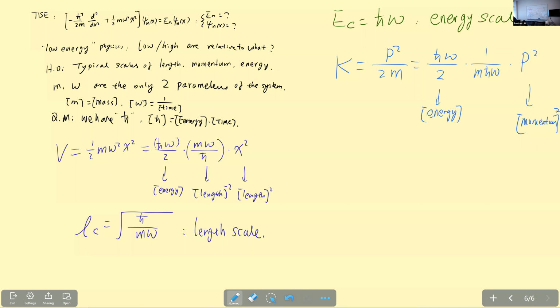This leads to a typical momentum scale equal to the square root of m h bar omega. This can also be written as m times the energy scale equals h bar divided by the length scale. So that gives us the momentum scale.